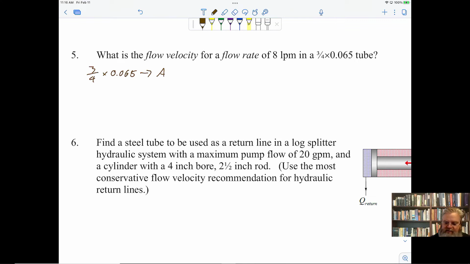You get the area in square meters, but also in square feet for the same tube. Since this is a metric problem, I guess we want the area in metric. 1.948 times 10 to the negative 4 square meters.